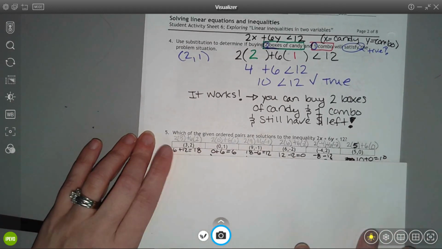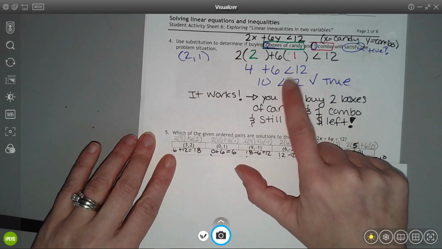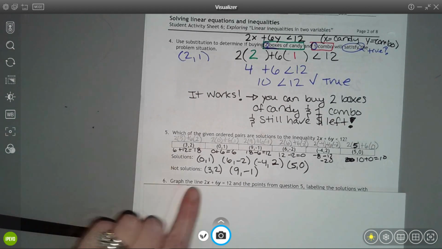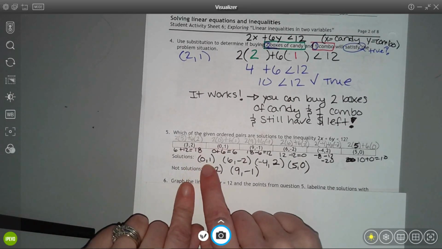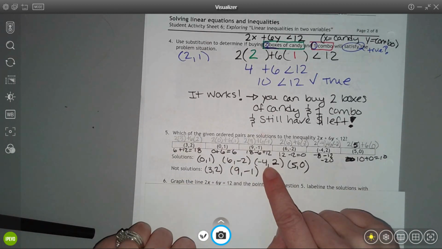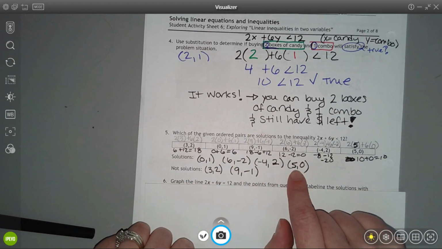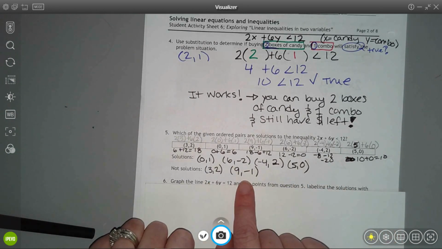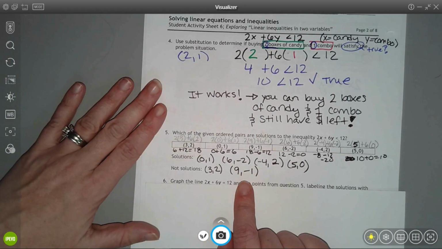Okay? And I know that it has to be less than 12. That was part of my rule up here. And so I stated that after doing this, the points (0, 1), (6, -2), (-4, 5), and (5, 0) are solutions. It comes out to be less than $12. But the points (3, 2) and (9, -1) come out to be more than 12.